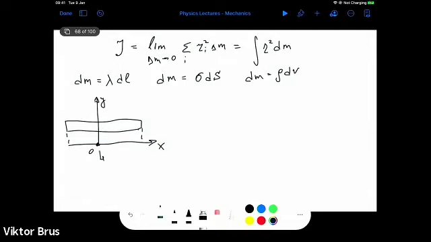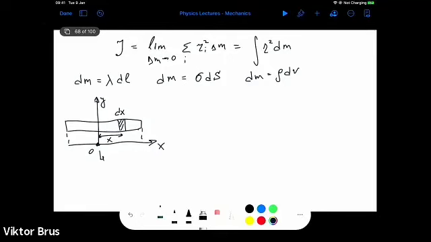This will be our y-axis. Then we will consider a very small part of this rod at a distance x, and the length of this very small part of the rod will be dx.